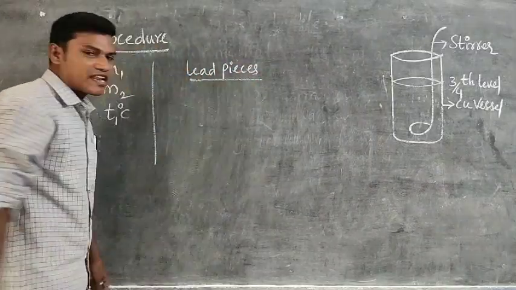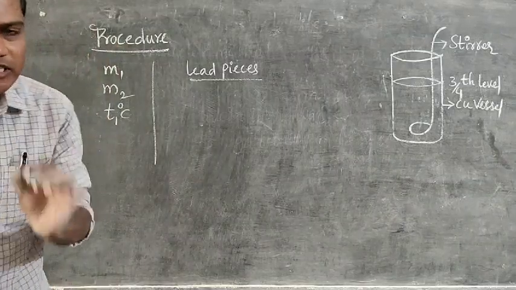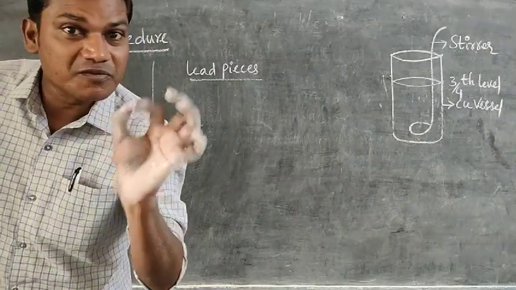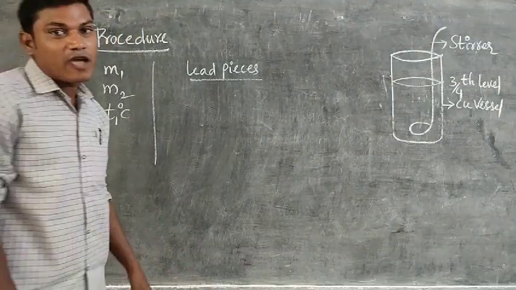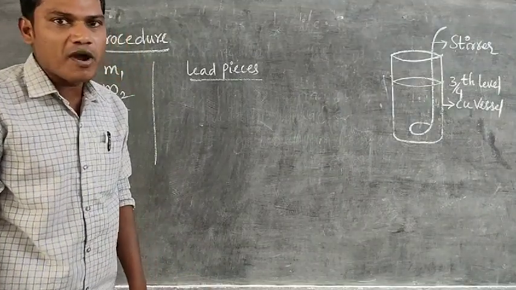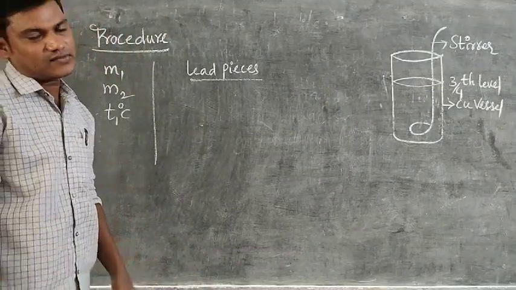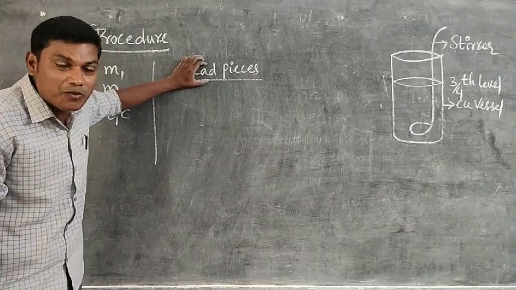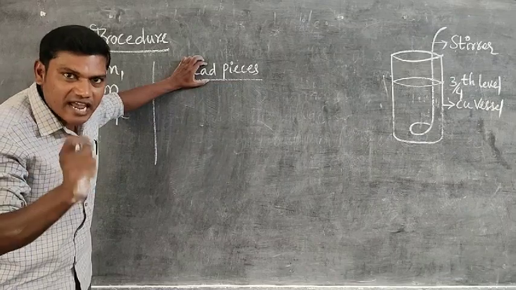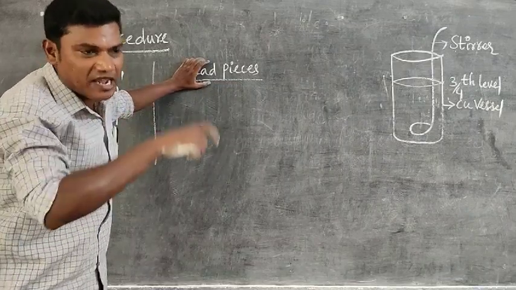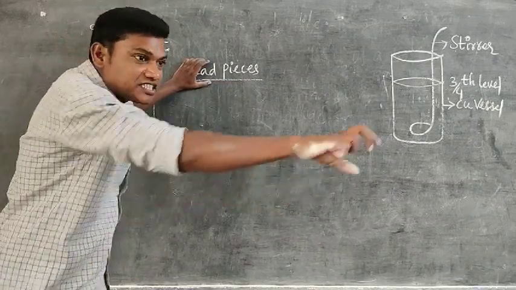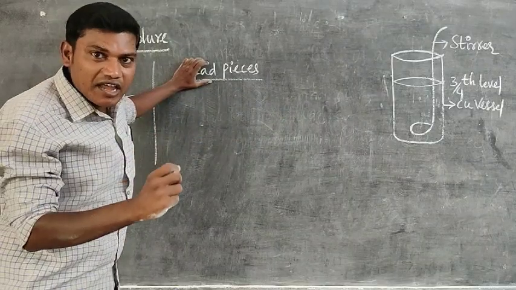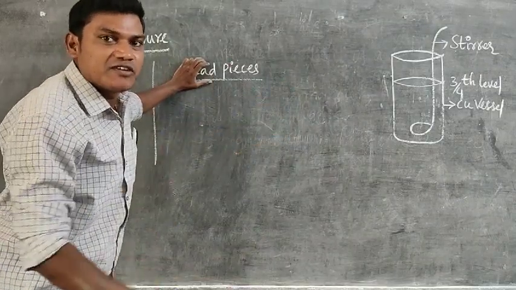Why are lead pieces given to us? Because the specific heat capacity of lead is very low, 0.093. We know that if a substance has a lower specific heat capacity, it absorbs heat energy very quickly and also releases it very quickly.